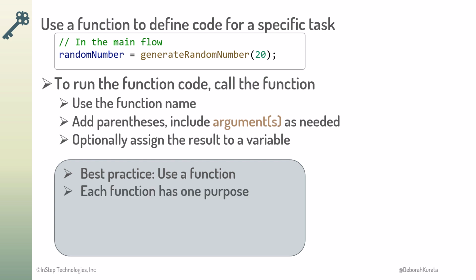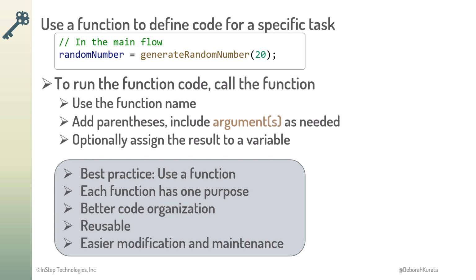Each function should have one clear purpose, and its name should reflect that purpose. Functions provide better code organization. The functions are then reusable for any page that links to the script. And because the code for each task is within a function, it's easier to find, modify, and maintain that code over time. Now that we've covered variables, if statements, and functions, let's talk about variable scope.